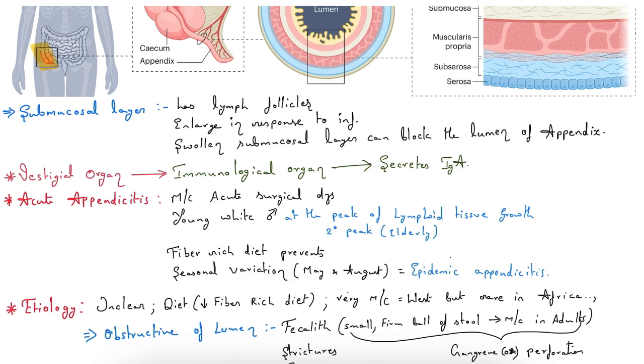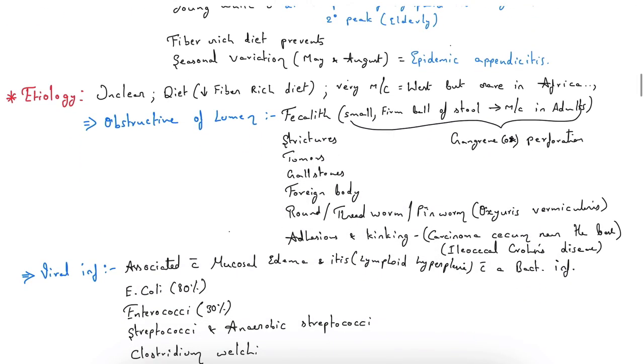Whenever you take more fiber-rich diet, the stool will not be hard, so with easy bowel movements we can prevent appendicitis and obstruction.